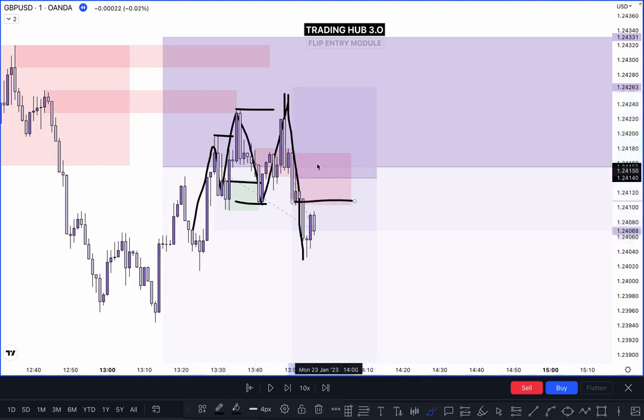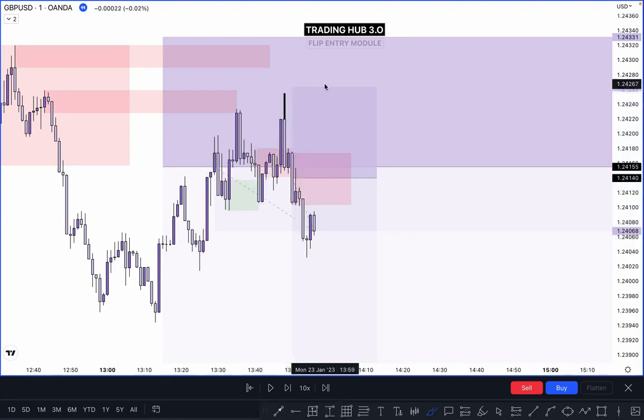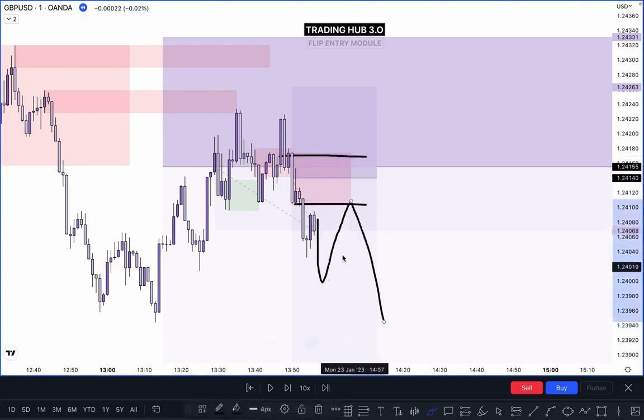In that case you can sell here, because the market has taken out the liquidity at this point. In this case the market has not taken out any liquidity here, so how can you sell here? You have to wait for a pullback to be created here, and at this time you can sell. Okay, so this one is our valid entry based on the flip entry module, flip with inducement, right?